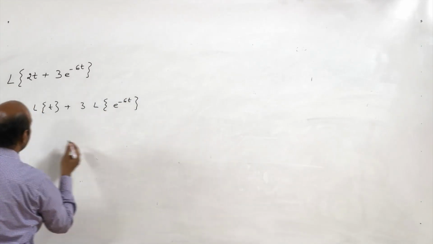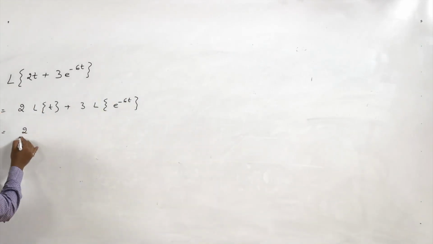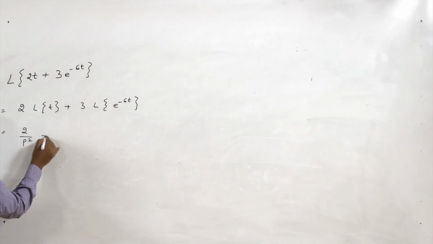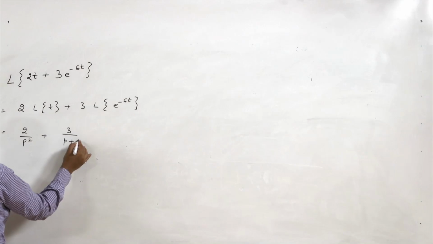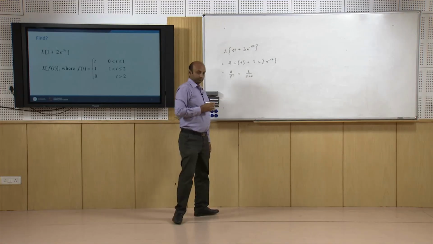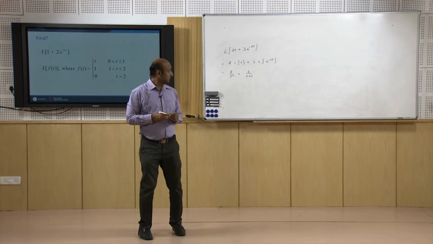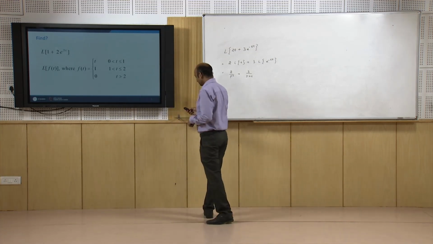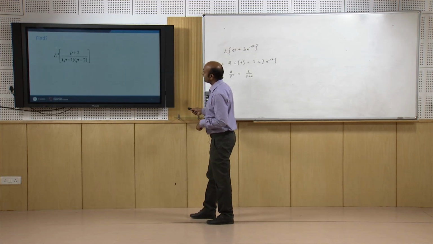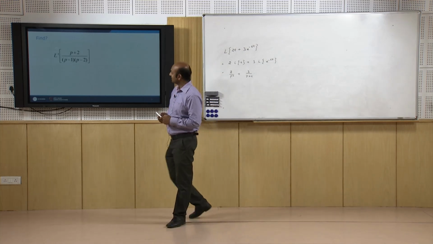So it is nothing but 2 upon p square plus 3 upon p plus 6. So this will be the Laplace of this function. Now let us find the Laplace inverse of this function.